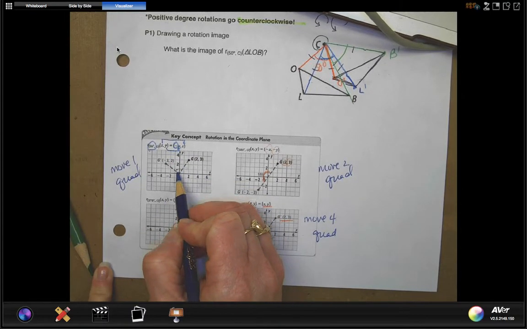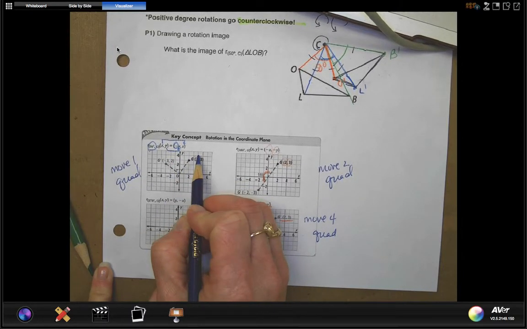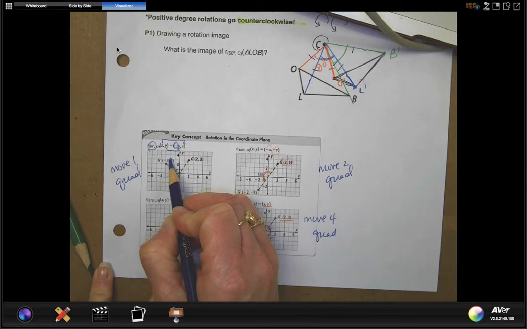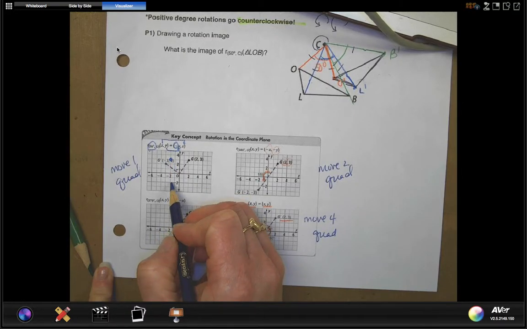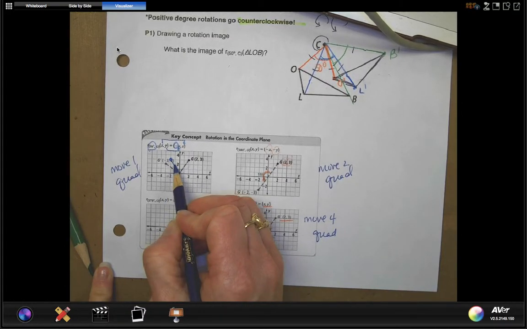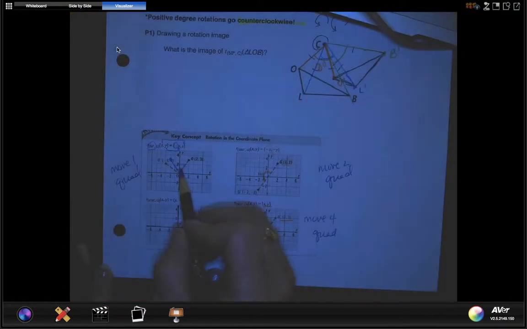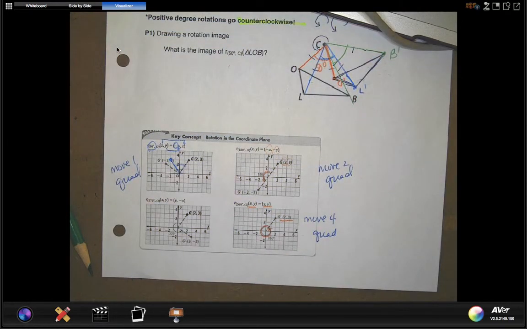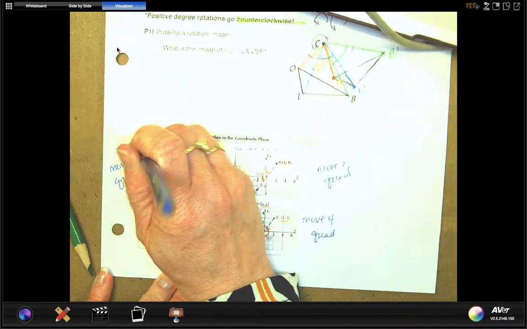If I didn't flip the points, so let's say I had done -2, 3, there's no way that this would have formed that 90-degree angle. So the reason I want to switch the sign and switch the points is so I make that 90-degree angle. This one you're just going to have to memorize.